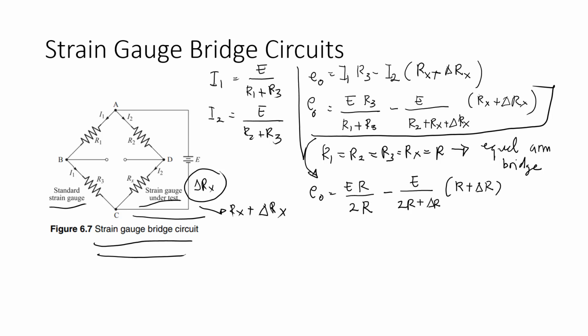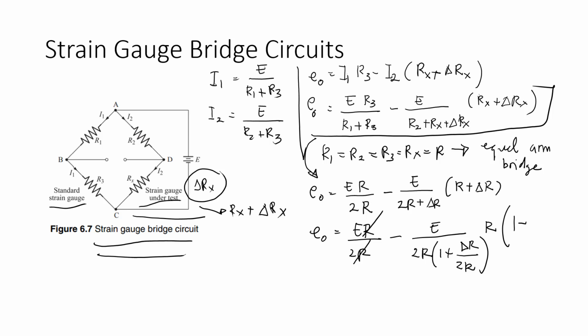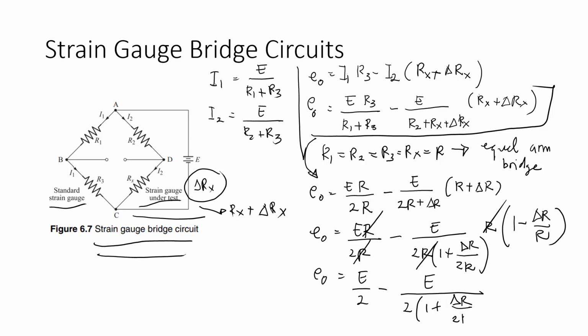So we can get that E0 is E per 2 minus E per 2 multiplied by 1 plus delta R per 2R, multiplied by 1 plus delta R per R.